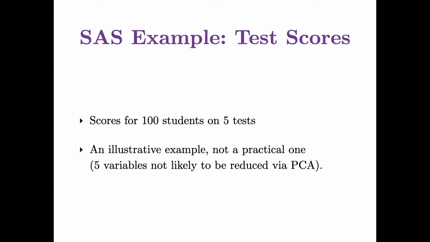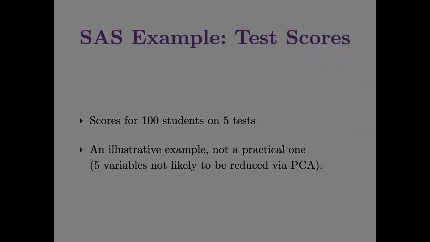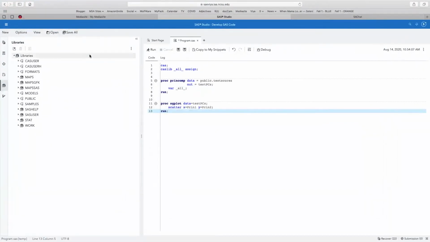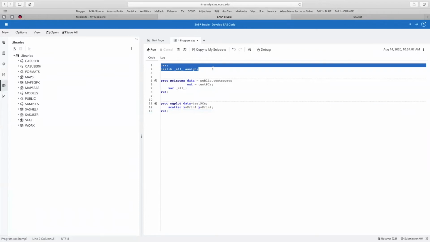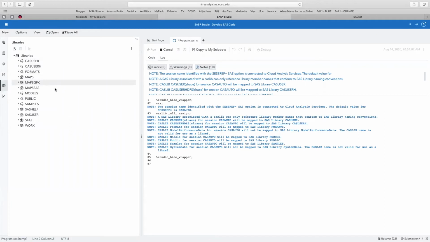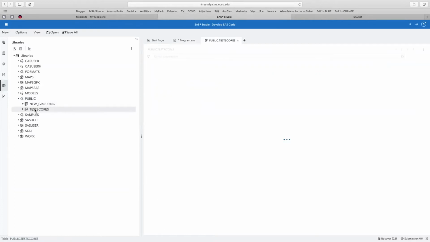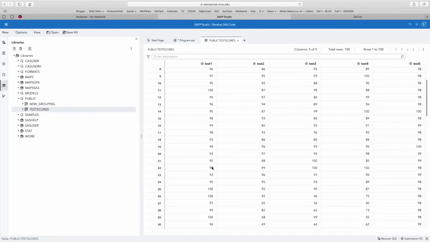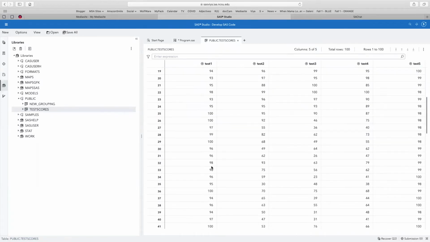Now, I'm going to take you into VIA, and we're going to take a look at what that data looks like. So first of all, you'll have to define your CAS libraries. And then in the public data set, you should see this test scores data. You'll see test 1, looking down the column of these 100 students, it looks like everybody did very well.